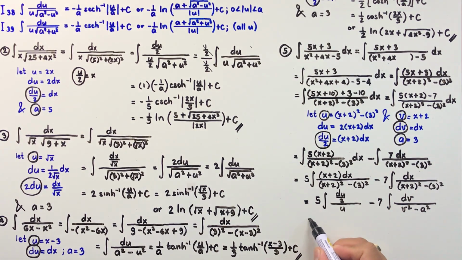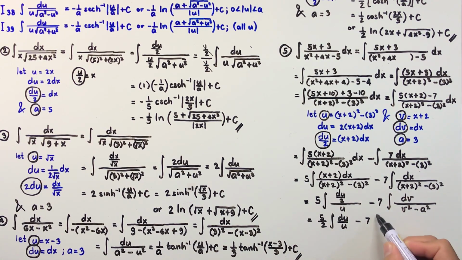So factoring the constants outside, we have 5 halves times the integral of du over u, minus 7 times the integral of dv over v squared minus a squared.